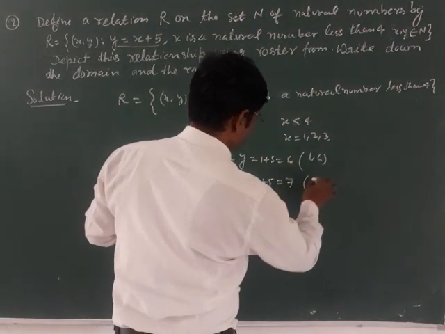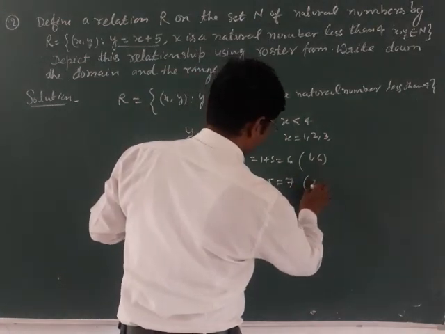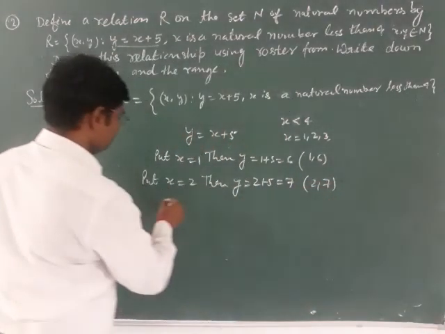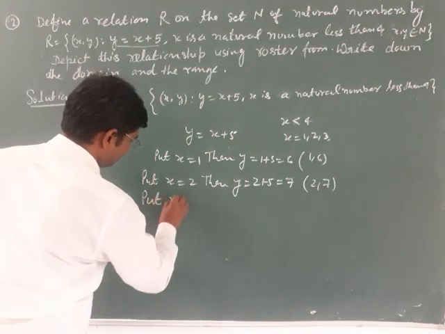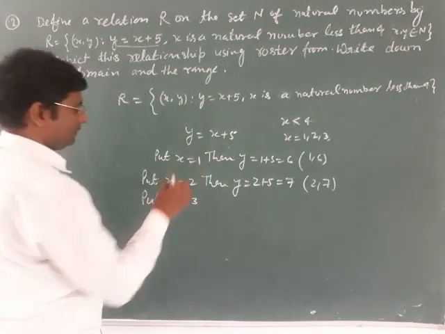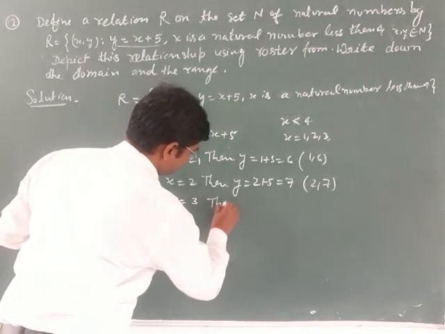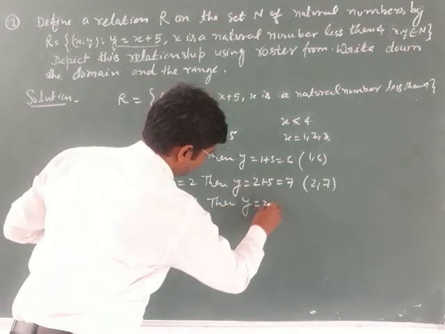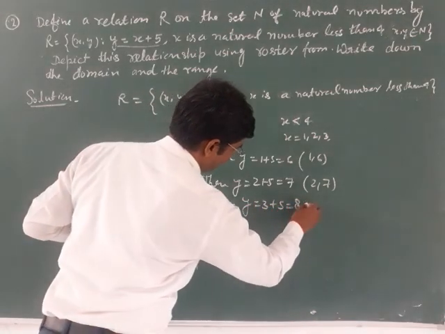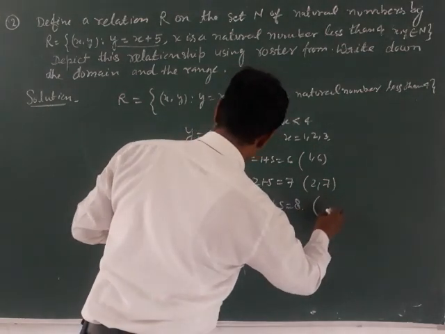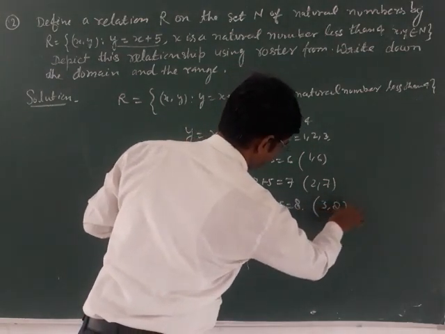So ordered pair (2, 7). Put x is equal to 3, then y is equal to 3 plus 5 is equal to 8. So ordered pair (3, 8).